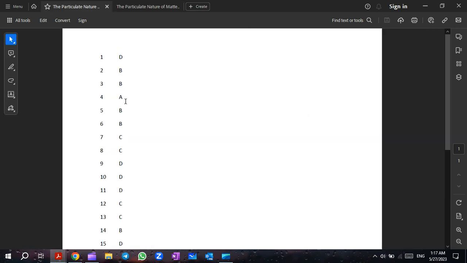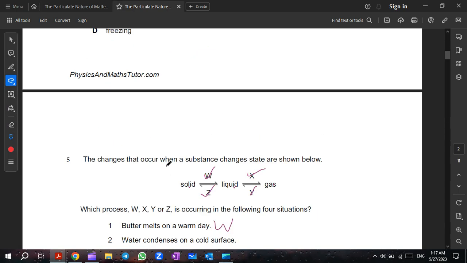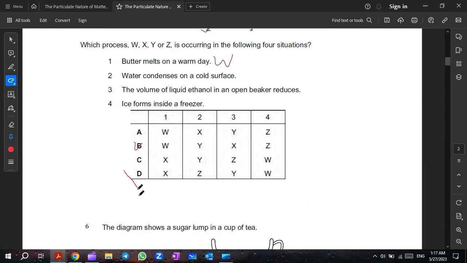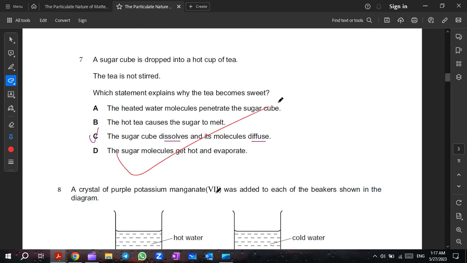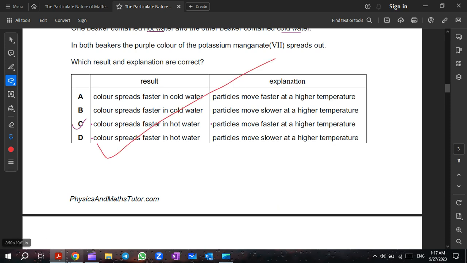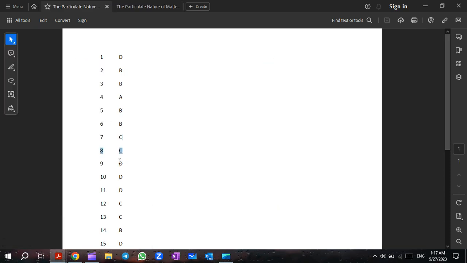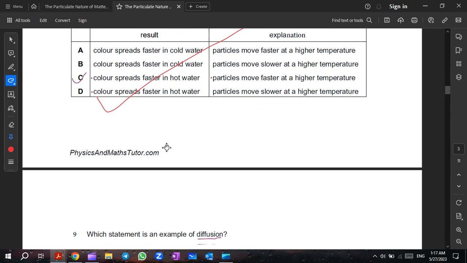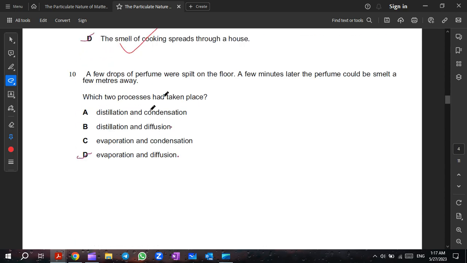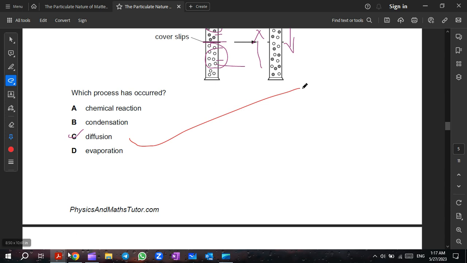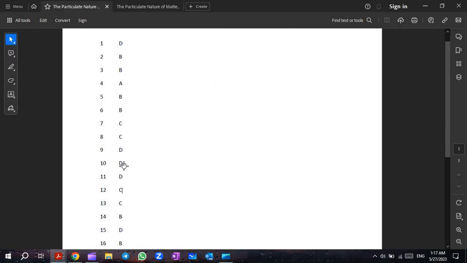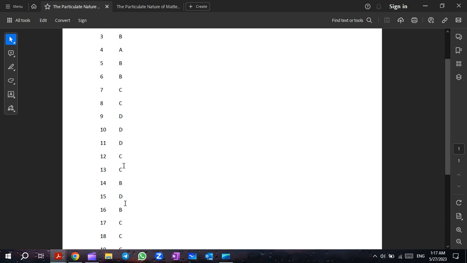Then we have B, B, C, C. Yes, B, B, C, and C. We got them correct so far. Then D, D, D, C. Then we have C, B, D, B.